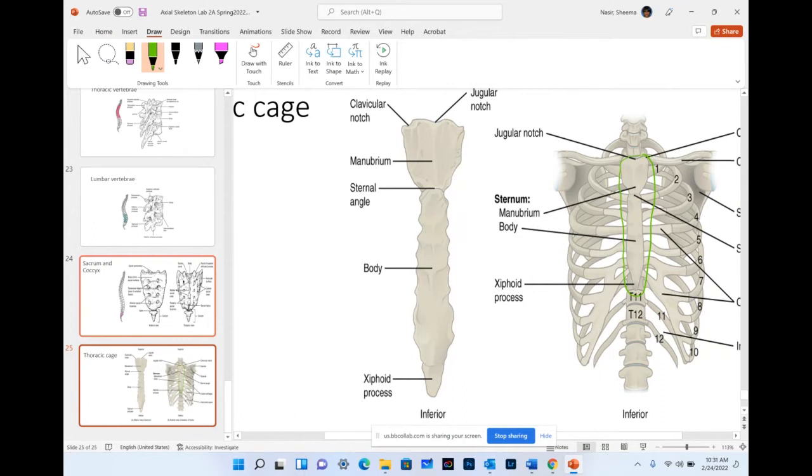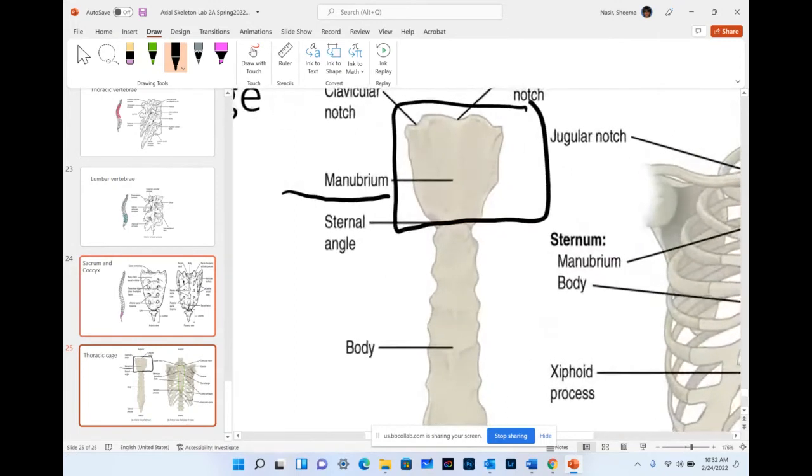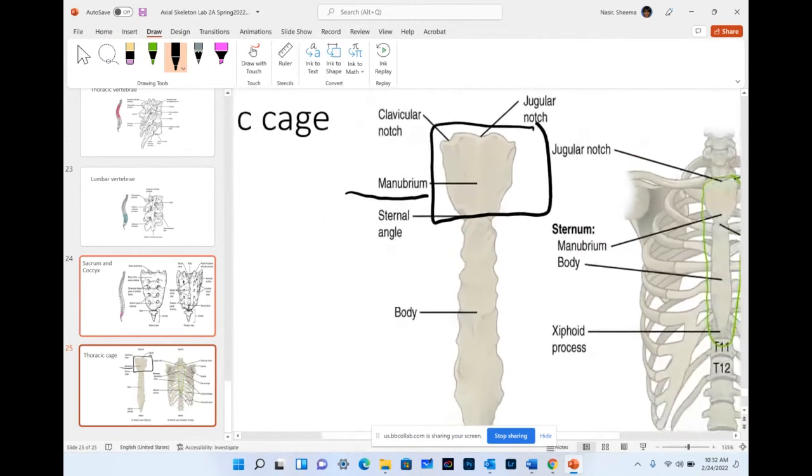It's not present in the center of the thoracic cavity, but it basically makes the anterior wall of your thoracic cavity. So the sternum, when you look at it, the top part, which is this part right here, that is called manubrium. Do you understand? That is manubrium.